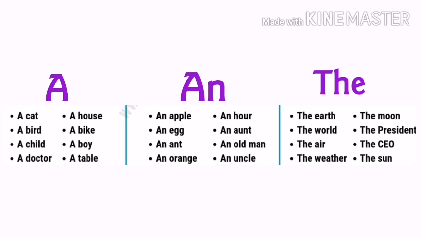Article an: an apple, an egg, an ant, an orange, an hour, an aunt, an old man, an uncle. Article the: the earth, the world, the air, the weather, the moon, the president, the CEO, the sun.